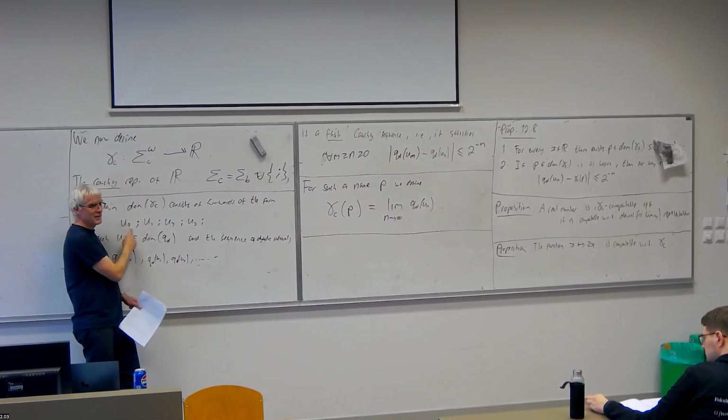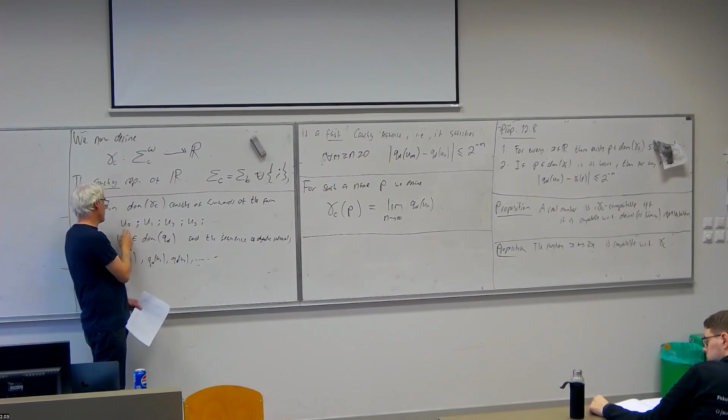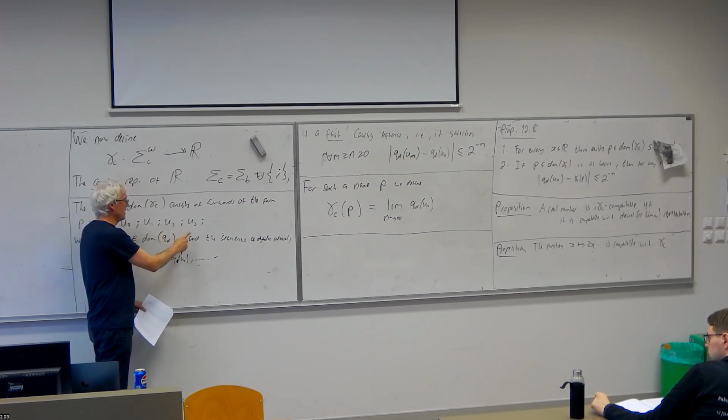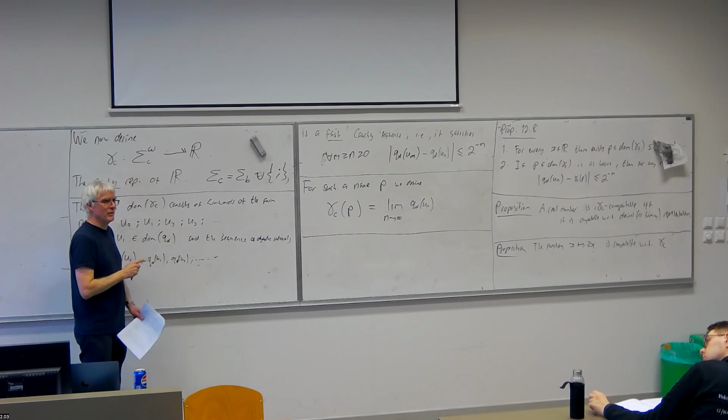We get a name for the dyadic rational 3 times u. And then we could try to return the sequence: dyadic rational representing 3 times u0, 3 times u1, 3 times u2, 3 times u3, and so on. But actually, we can't return that sequence. Can somebody see why not?